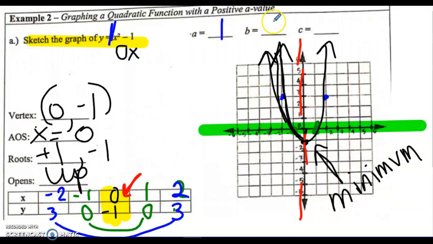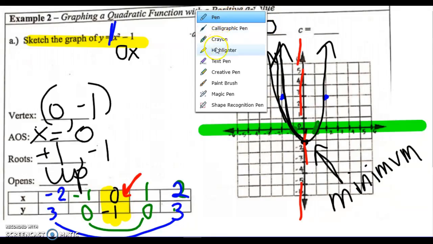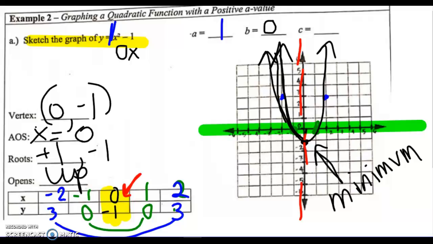So my b is 0. My c is the constant, the little guy that lives over here, and I have to take into account the negative. So c is negative 1.